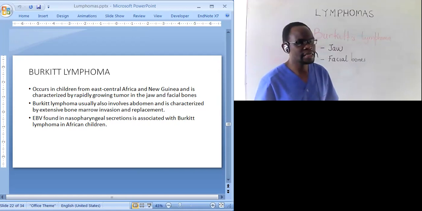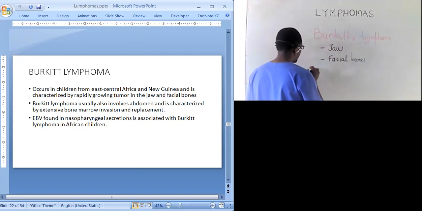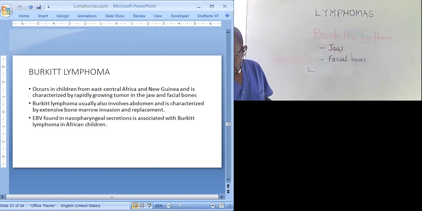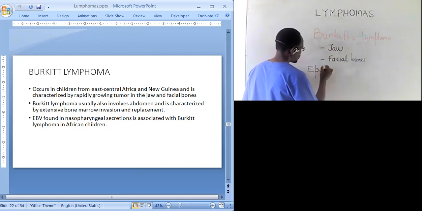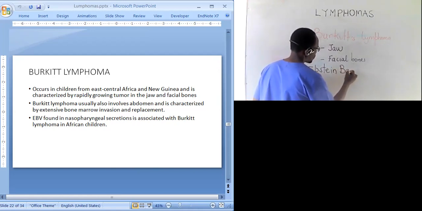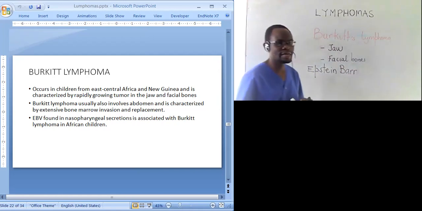And Epstein-Barr virus. Professor Burkitt found out that Epstein-Barr virus was implicated.